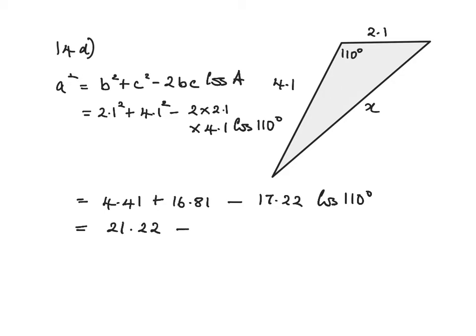Now, when you do this on the calculator, because this angle is bigger than 90 degrees, you're going to get a negative value. Don't be alarmed by that. So 17.22 times cos of 110 is negative 5.89.